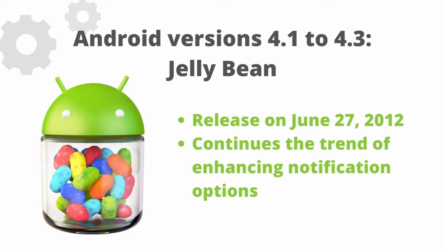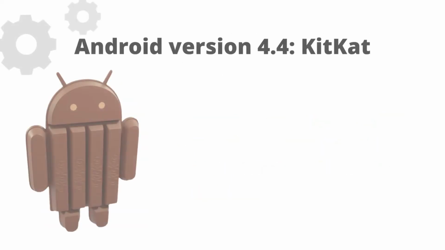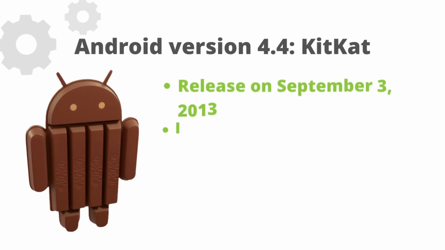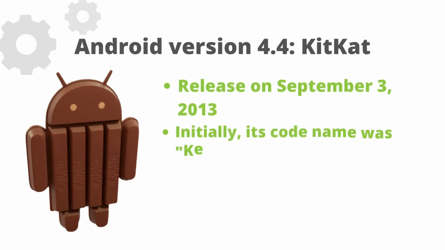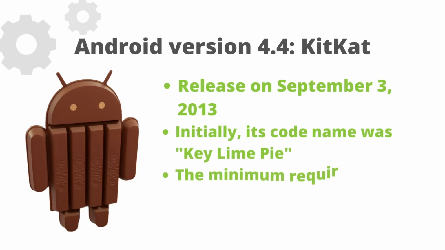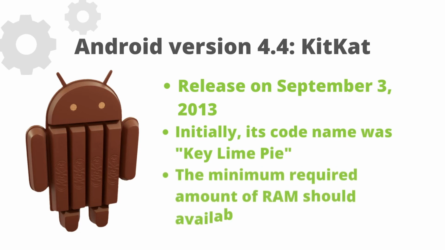Android Jelly Bean continued the trend of enhancing notification options, including custom app notifications. Android version 4.4 was announced as KitKat on September 3, 2013. Initially, its codename was Key Lime Pie, and the minimum required amount of RAM available to Android is 340 MB.